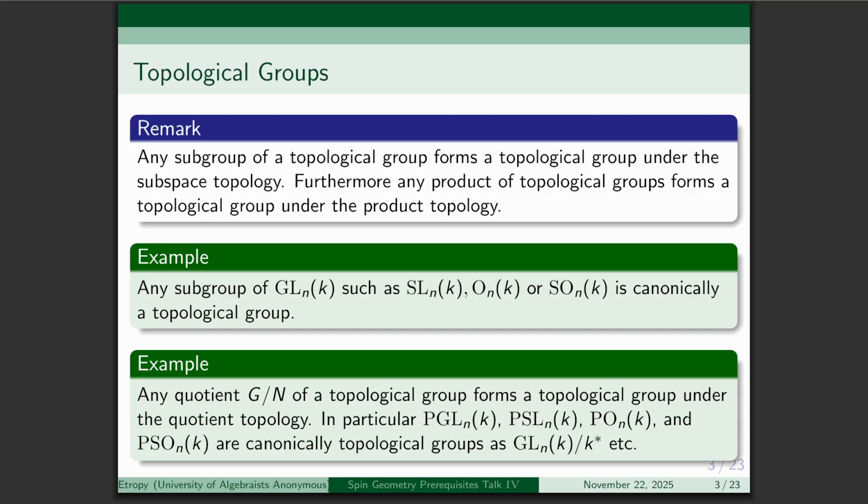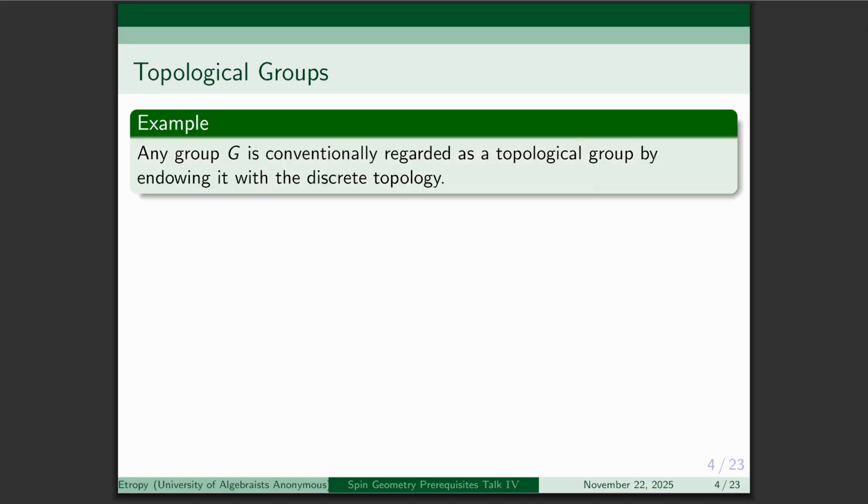But actually, topological groups carry a lot of interesting structure that we can study. A lot of kind of questions to ask. And something that's useful to see in many applications is that also any finite group can be regarded as a topological group simply by endowing it with the discrete topology.